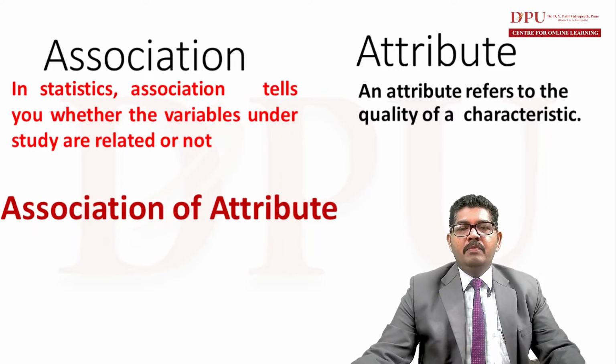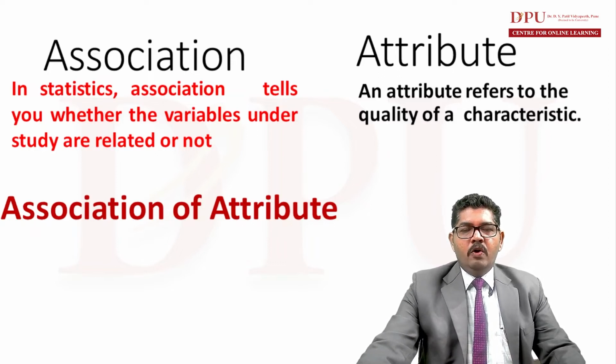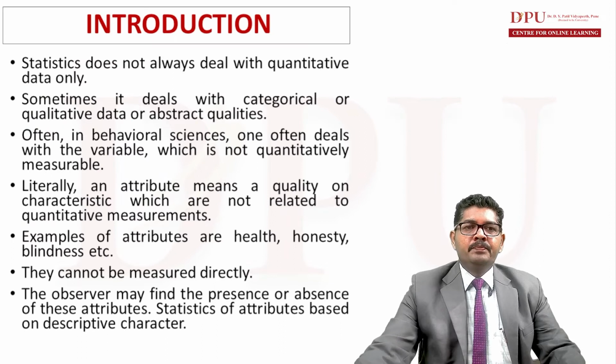But the variables we studied there were quantitative variables. Now we are going to deal with qualitative variables. An attribute refers to the quality of a characteristic, such as beauty. So we are going to discuss association of attributes.